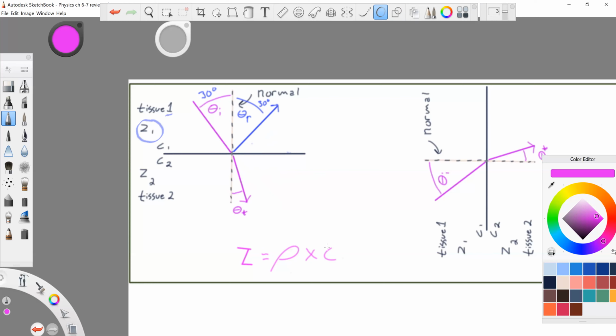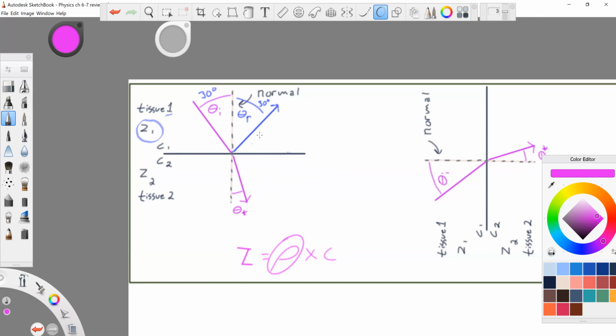It's perfectly possible. And so if this were changed between tissue 1 and tissue 2, then there would be a difference between Z1 and Z2, and we would get a reflection.